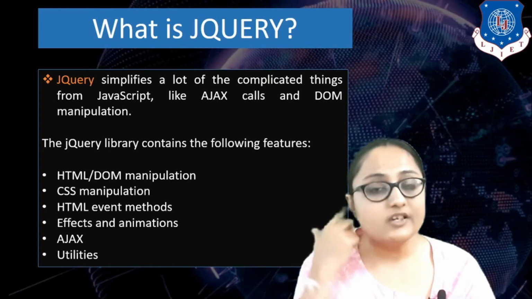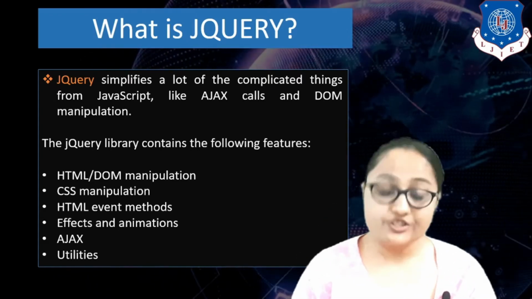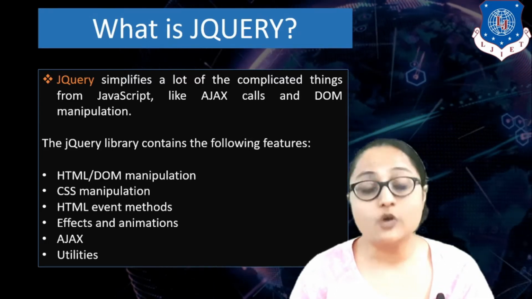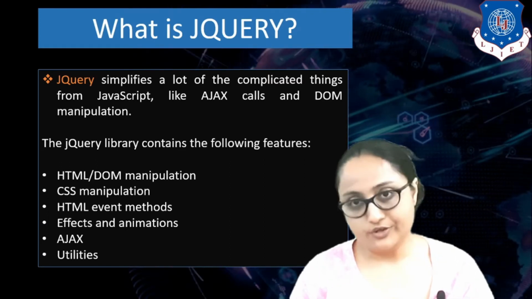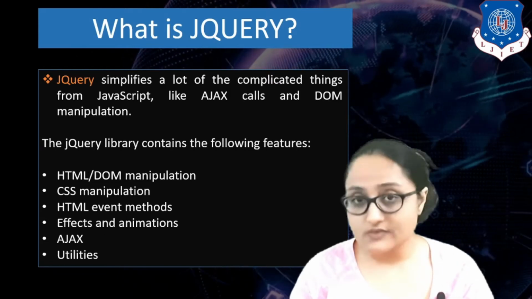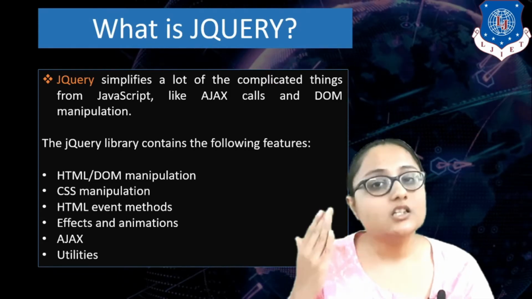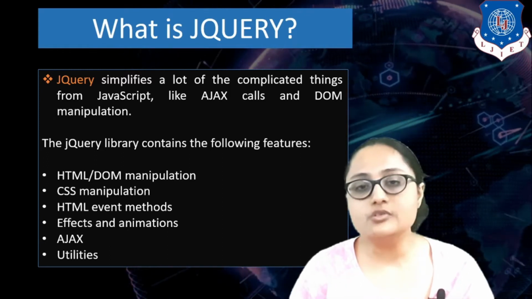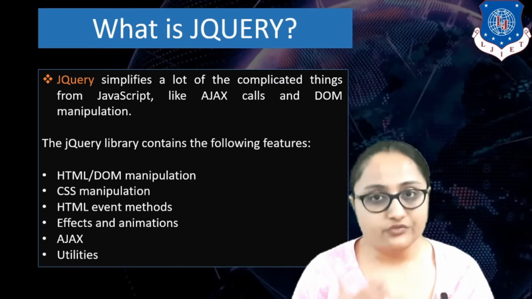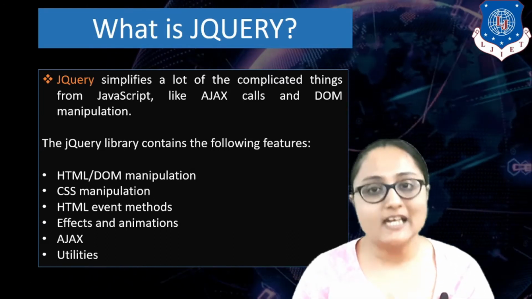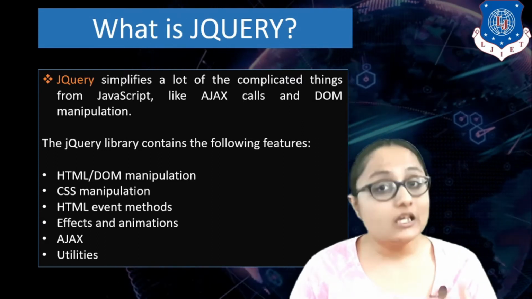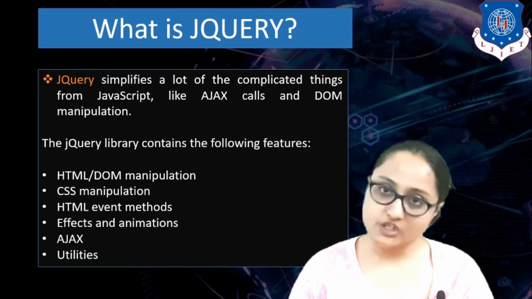There are different events associated with JavaScript, which are button click, keyboard events, browser events, mouse events, etc. These are all event methods which you can use with JavaScript as well, but they are easier to use along with jQuery. The next is effects and animation, Ajax and other utilities. These are all additional benefits that you can acquire if you are using this JavaScript library called jQuery.